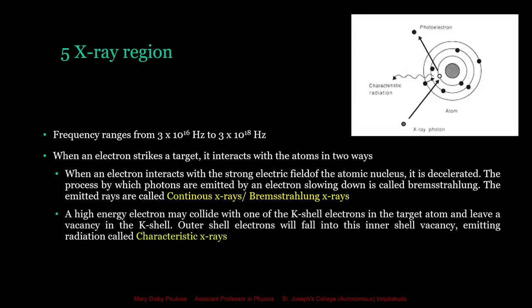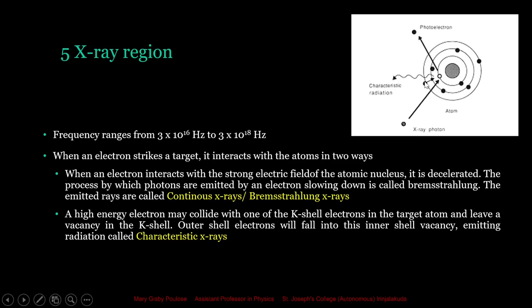Now the second type: a high energy electron, while it comes near the nucleus, may collide with one of the inner K shell electrons and knock it off. So when this high energy electron strikes this particular inner K shell electron, it will remove it from its location and make a vacancy here. This K shell electron will be knocked off as a photoelectron, and there is a vacancy left here, right?